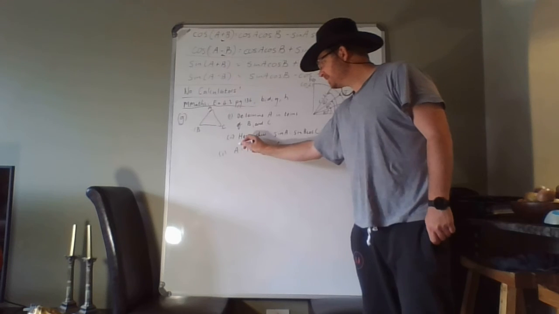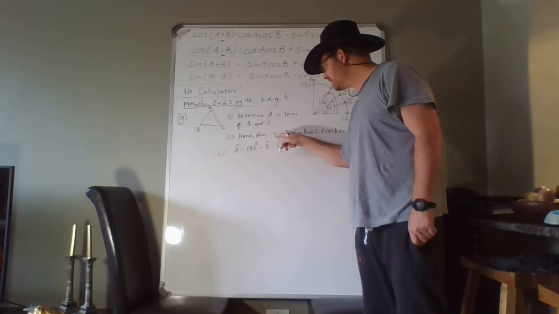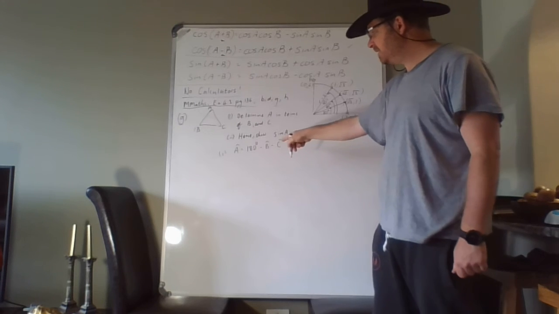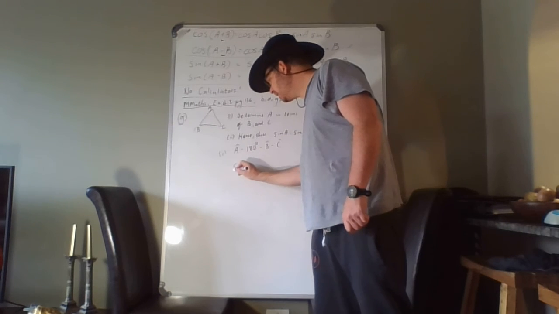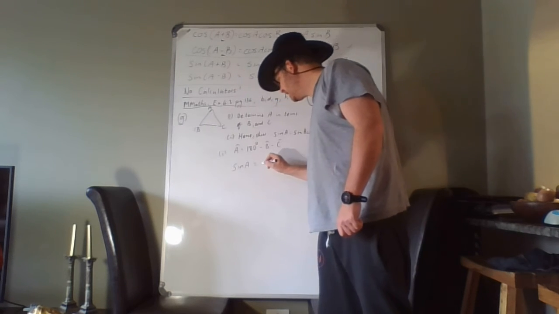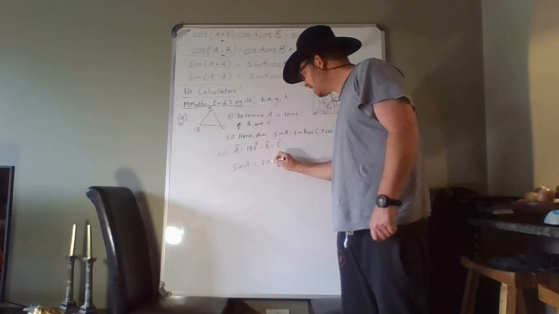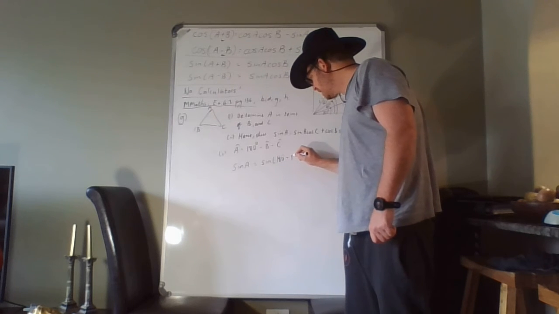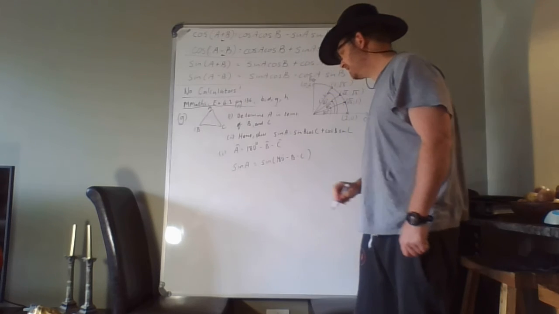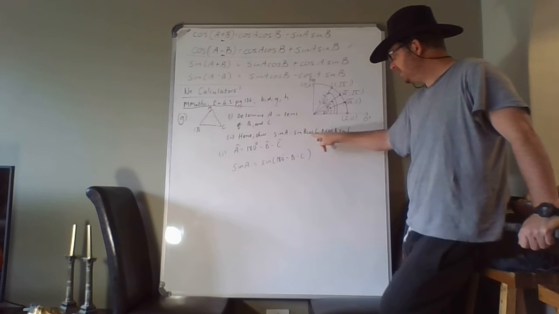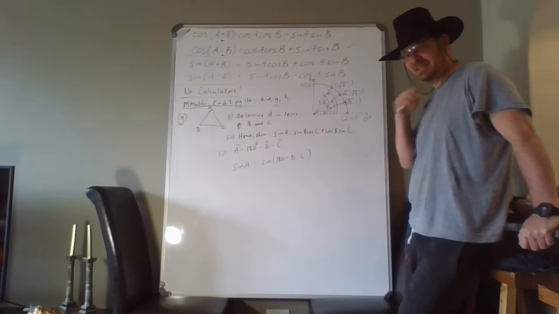Then it says hence. Show that sine A is equal to that whole thing over there. So hence means go use this answer. We can start off, even if we're not quite sure what we're doing, and say they want me to use that. So sine of A is equal to sine of 180 minus B minus C. Now in the answer, I've just got B's and C's, no B plus C or anything like that.